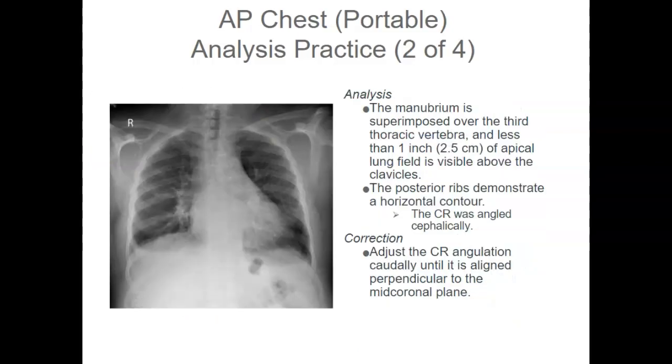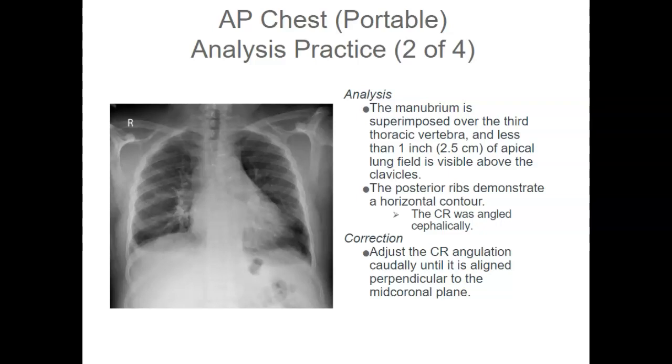In this AP mobile chest projection image analysis, we can see that the clavicles are demonstrated within our apices. We can also see that there is a horizontal contour of the ribs. Also, the manubrium is demonstrated above the fourth thoracic vertebra.